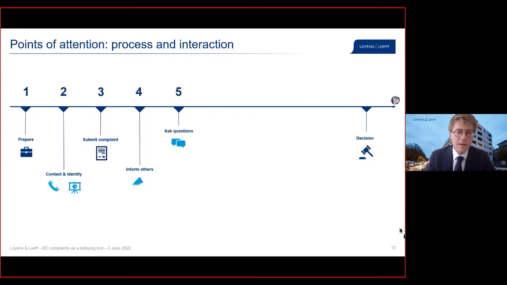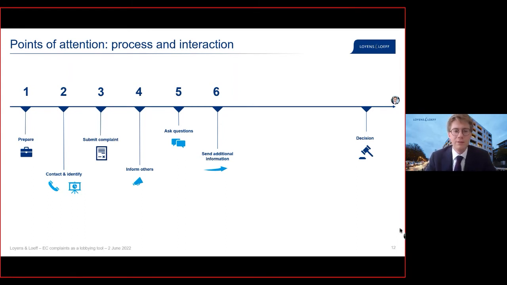And after informing others, the dialogue with the Commission can start by first asking questions about the timing of proceedings, how long it will eventually take, but also asking whether you can send additional information, whether they have all necessary information. Mostly there is not a lot of response, but it always depends on the unit in question.